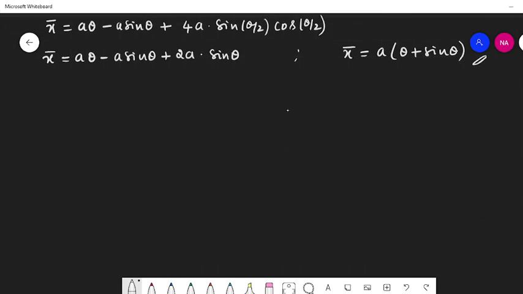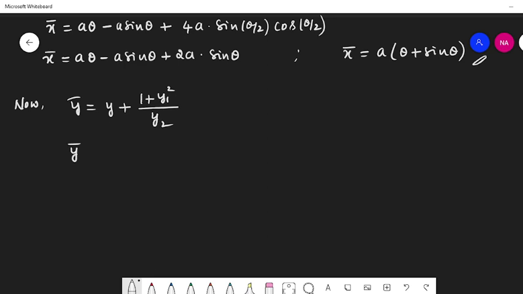Now similarly we need to compute y bar. Now y bar equal to, the formula is y plus (1 plus y1 square) by y2.